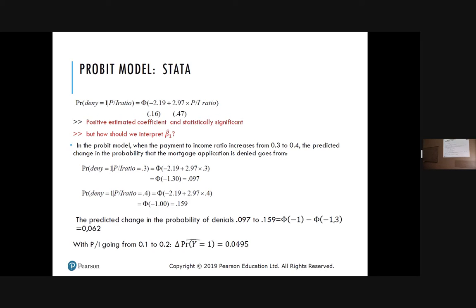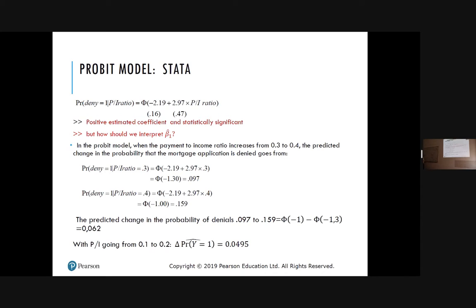Then we need to compare this area to the area that we would have when x is equal to 0.4. Now when x is equal to 0.4, then z is equal to minus 1. And then the predicted probability is instead given by this area here. So this is the probability that z is below minus 1.